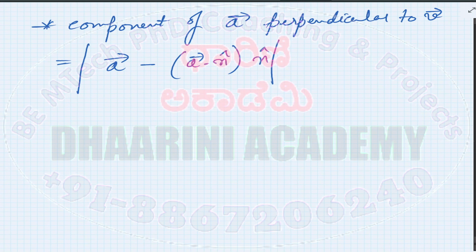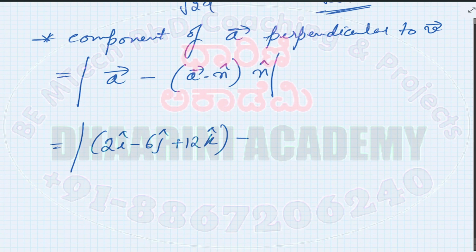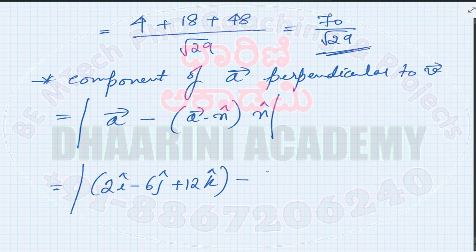So let us substitute everything we have already calculated. Vector A is 2i cap minus 6j cap plus 12k cap. Minus A dot n, which we just found is 70 by root of 29, into the n cap.